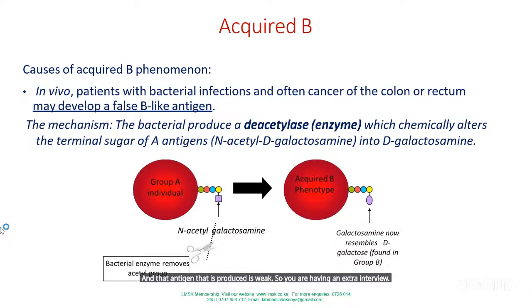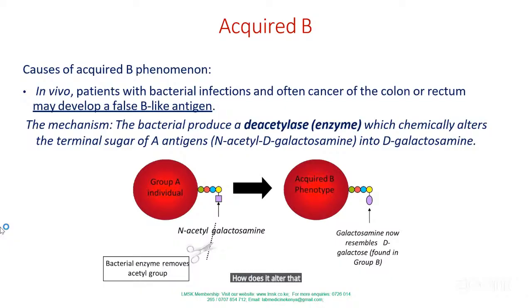Another phenomenon that I want us to discuss is the acquired B phenomenon. In acquired B, the patients have either bacterial infections or colorectal cancer. What happens is that the bacteria produce a deacetylase enzyme. The deacetylase enzyme alters the terminal sugar of the A antigen. How does it alter that?